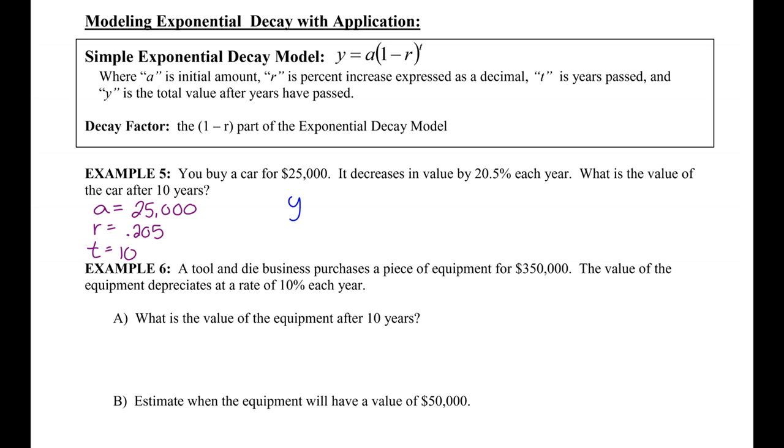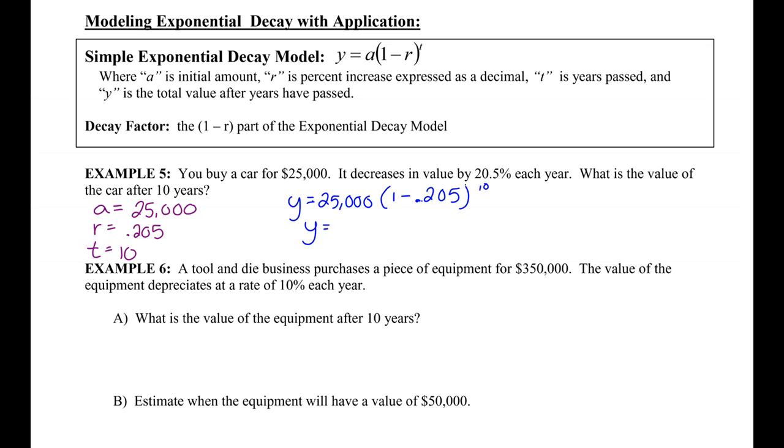So we get Y is equal to 25,000 times 1 minus 0.205 raised to the power of 10.